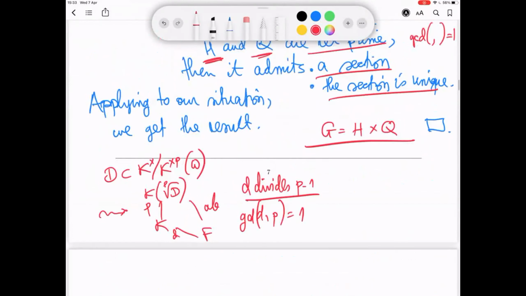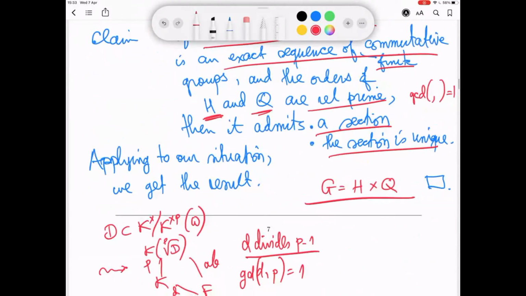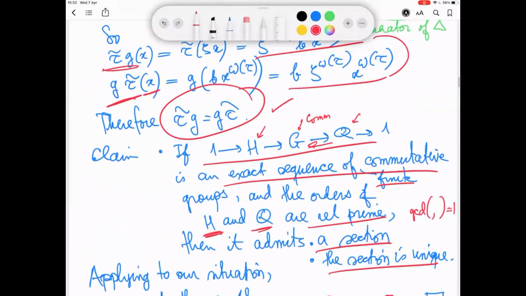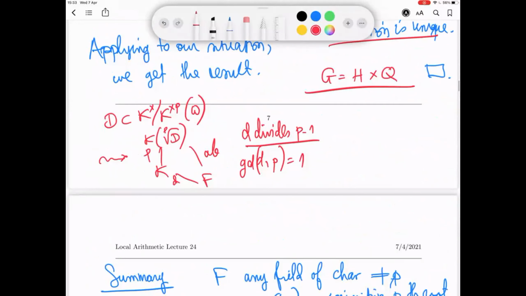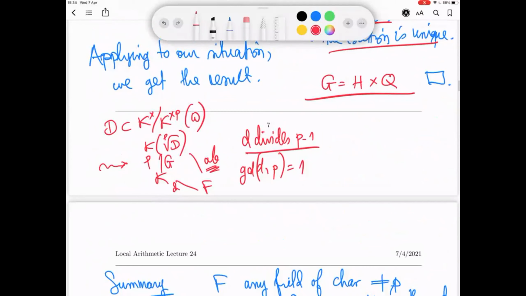So what does this group theory result give us? What it gives us is that in this situation, let's call this group G. Then, it was called H in the lemma, so let's continue to call it H. So if this is H and this is delta and this is G, then H is of order P, and delta is of order D dividing P minus 1.